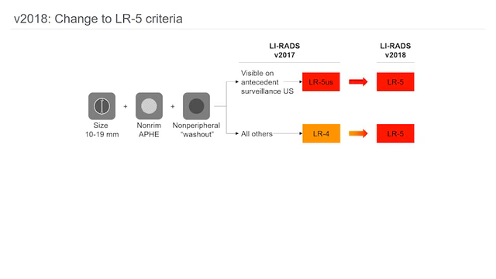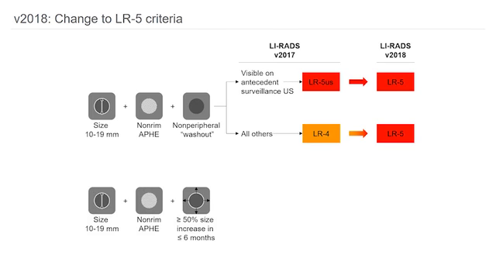In 2018, the requirement for ultrasound visibility was removed, and therefore all 10 to 19 millimeter observations with arterial phase hyperenhancement and non-peripheral washout are categorized LIRADS 5. We also simplified the threshold growth definition, which is now fully aligned with OPTN criteria. As a result, observations 10 to 19 millimeters with non-rim arterial phase hyperenhancement and 50% or greater size increase within 6 months previously had to be categorized LR5G, but now we can drop the G designation and just categorize them as LIRADS 5.